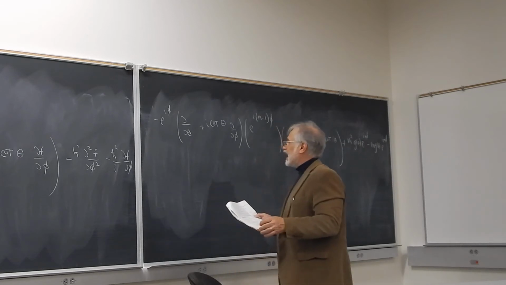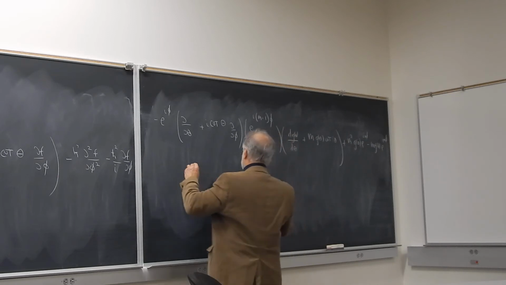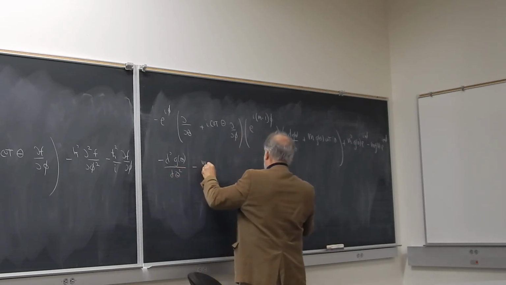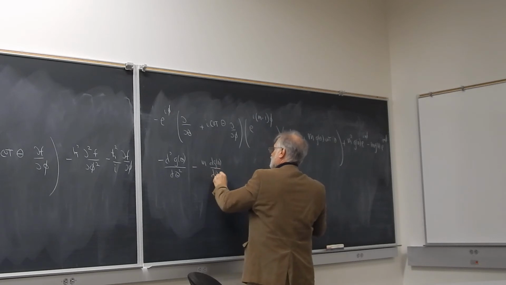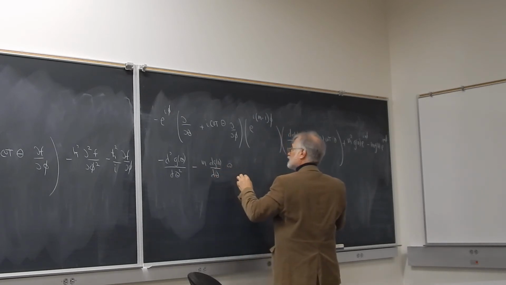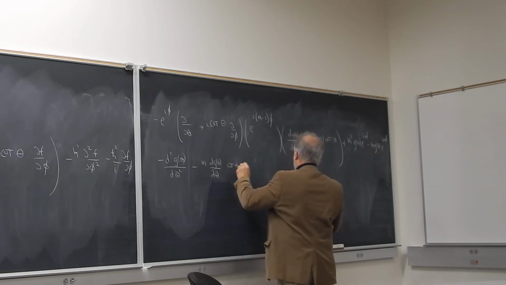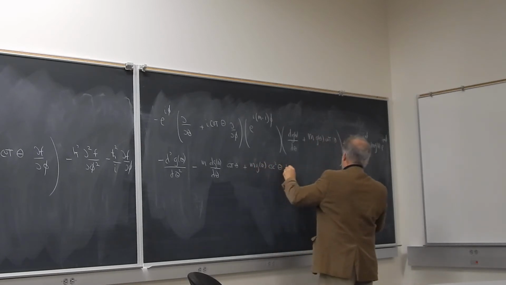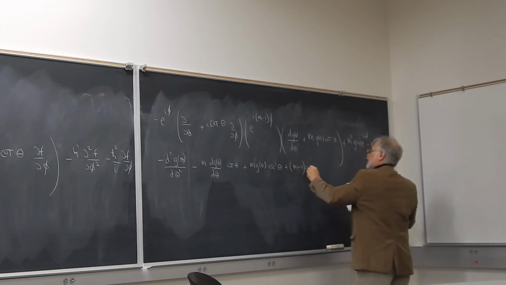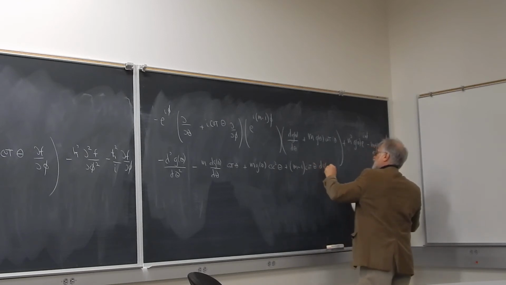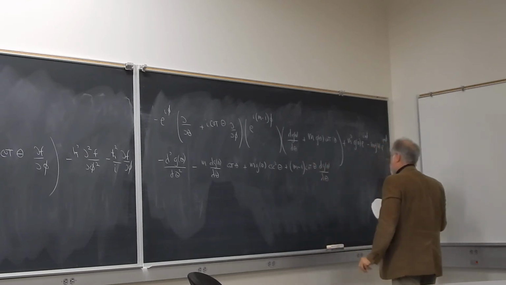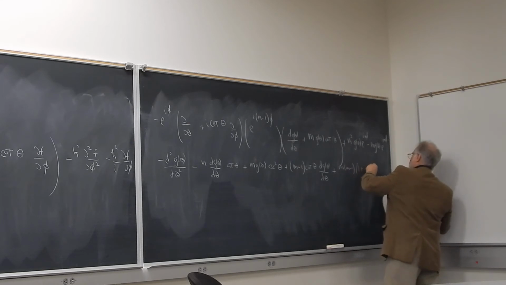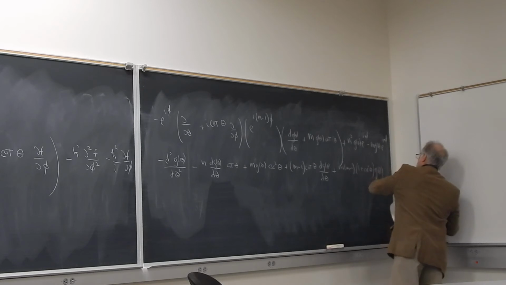Further algebra, if I cancel the e to the i m phis all around, I'm going to get minus d squared g of theta/d theta squared minus m dg of theta/d theta cotan theta plus m g of theta cosecant squared theta plus (m minus 1) cotan theta dg of theta/d theta plus (m minus 1) times (1 plus cotan squared) all times g of theta.